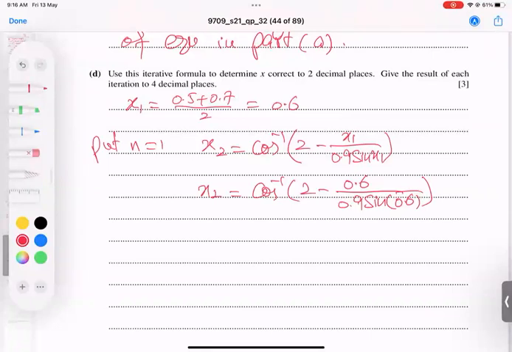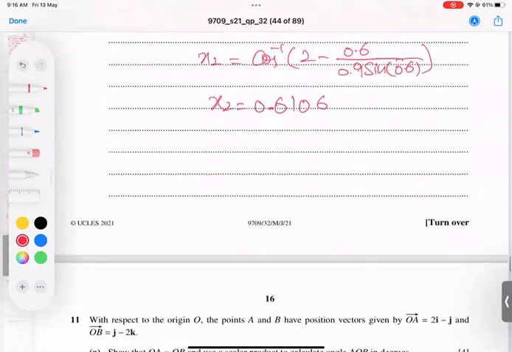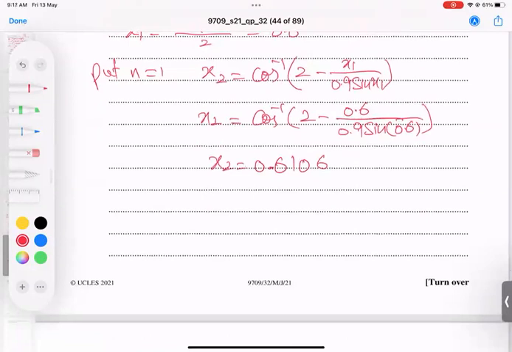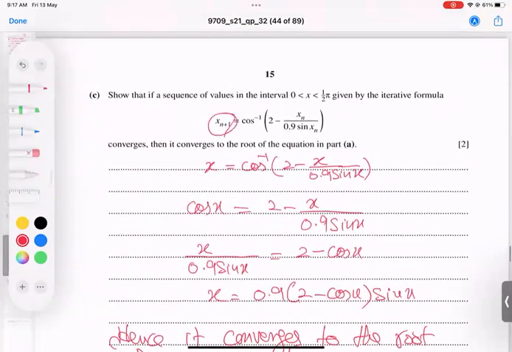We have to write 4 dp. So it means the answer of x2 becomes 0.61059. No. Wait a minute. Yeah, 4 dp. So 5/8, so it becomes 6. So this is my x2 answer. Now I will use, first I used n1, now I'll use n2. So the formula turns out to be, when you plug this 2 into the formula again, 2 plus 1 gives you 3.